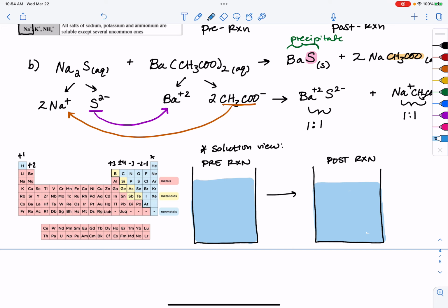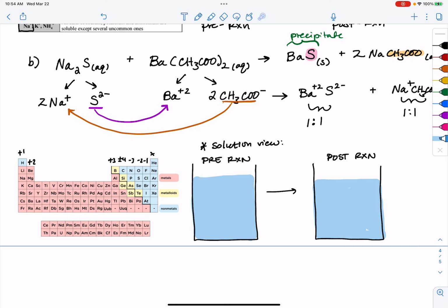Okay, in solution, before the reaction happens, I have my 2 aqueous reactants, meaning we have fully dissolved and dissociated ions. Specifically, looking at my work I did here, I have 2 sodium plus cations, and then the sulfide anion.